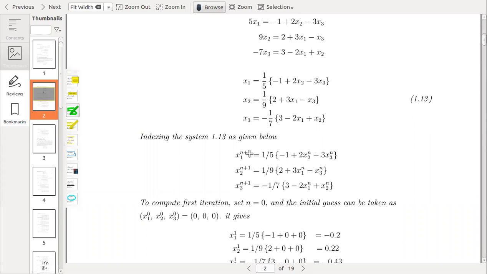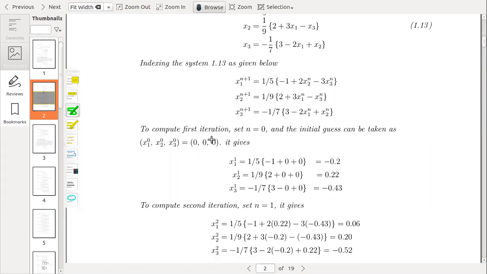To compute the first iteration, set n = 0, and the initial guess can be taken as x1 0, x2 0, x3 0 equal to 0, 0, 0. So when you put these zeros, it gives x1 1, x2 1, x3 1.